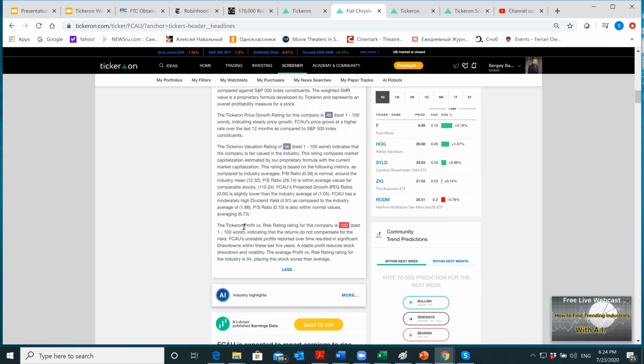Now, let's look at another rating, which is the profit versus risk rating. What does it mean? It's kind of a risk and return rating. And what it shows is pretty bad, okay? So there are companies much better where you take the risk and get better return.